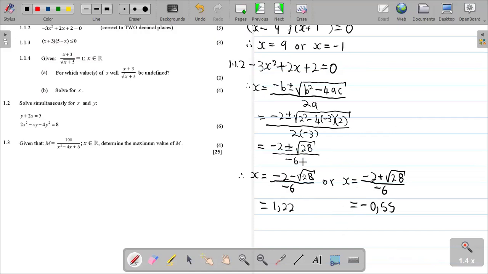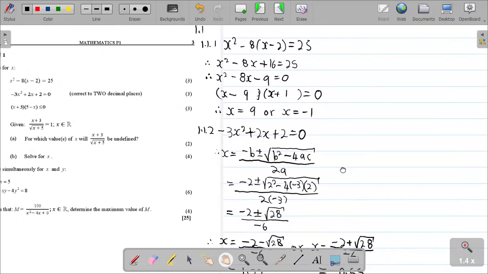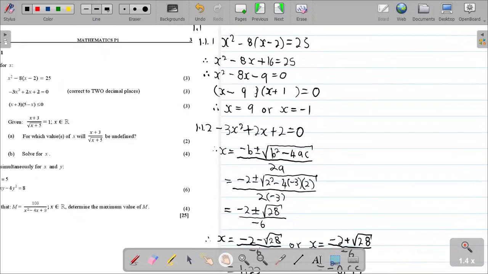And then 1.1.3. They say, so it's an inequality, x plus 3 times 5 minus x is less than or equal to 0. Okay, so we have to find the what?